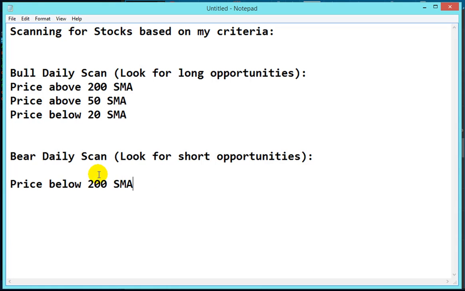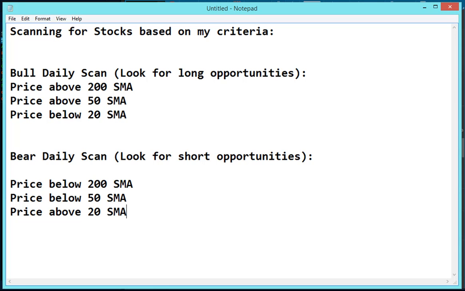Let's just go back in here. So prices below 200, prices below 50 SMA, price above 20 SMA. A little tricky, but you'll understand once we go through the charts.